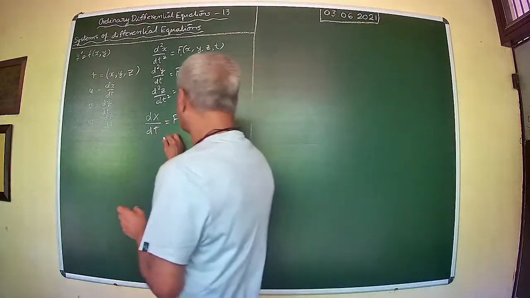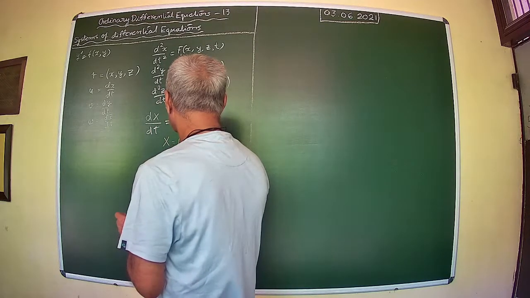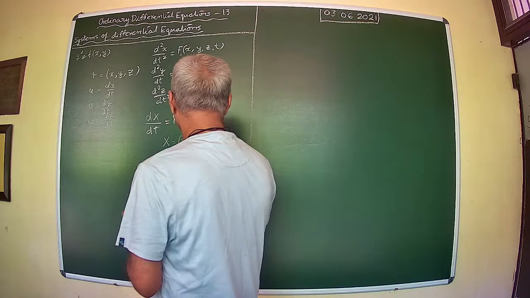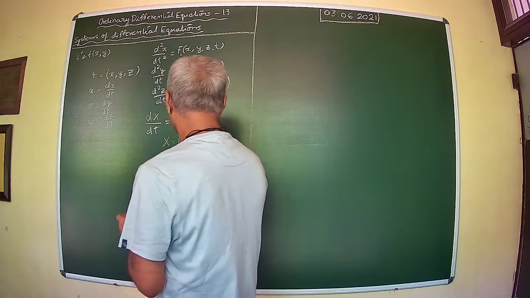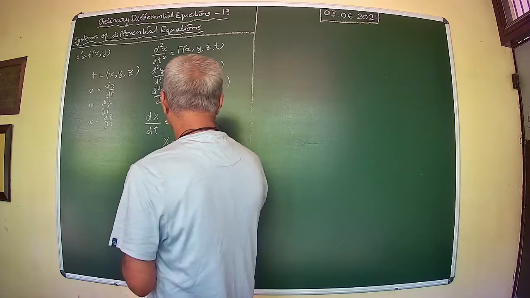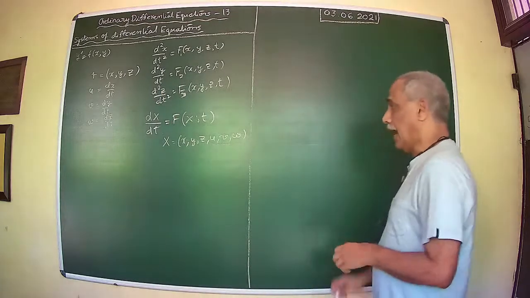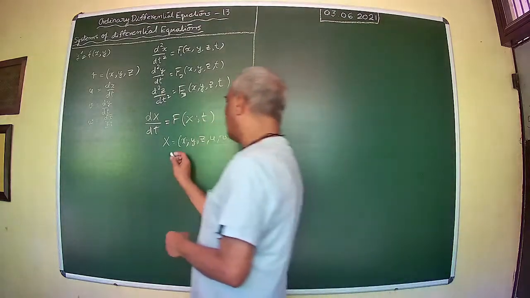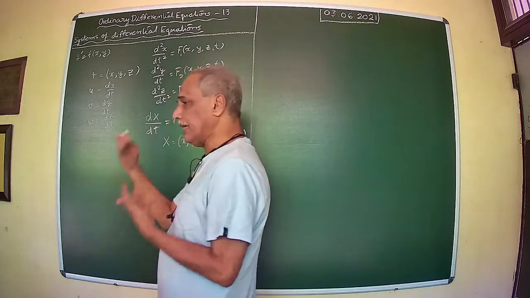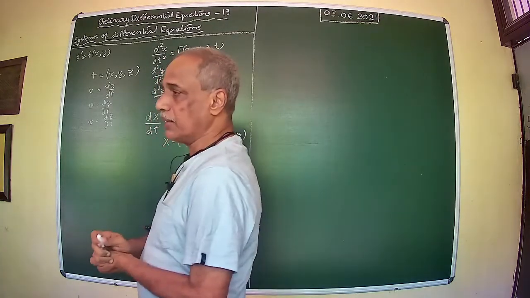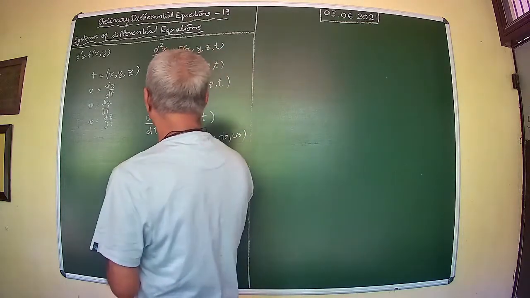Now x has components x, y, z, u, v, w, and f has 6 components f1, f2, f3, f4, f5, f6.